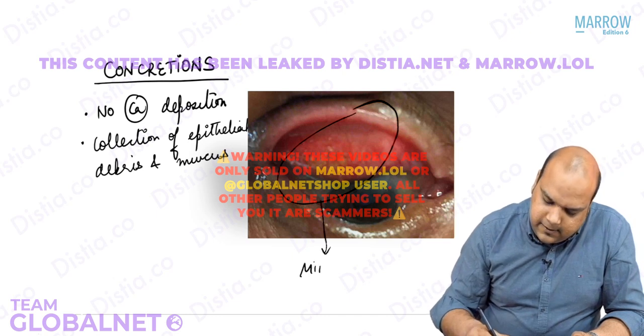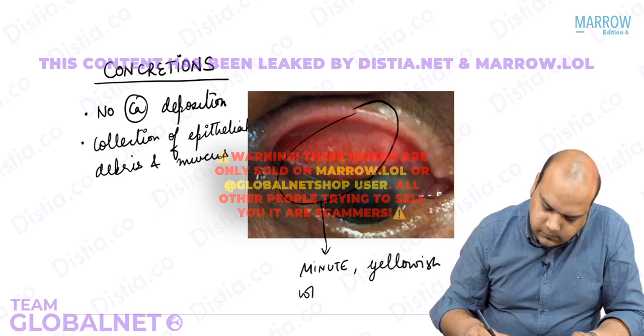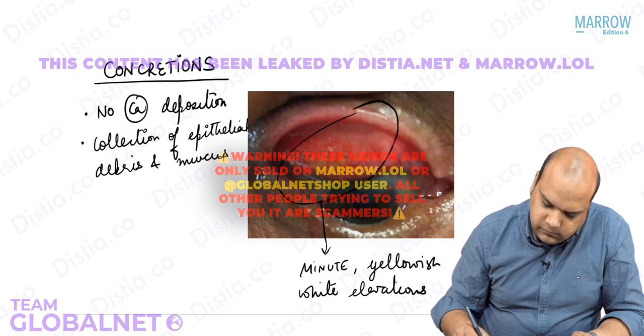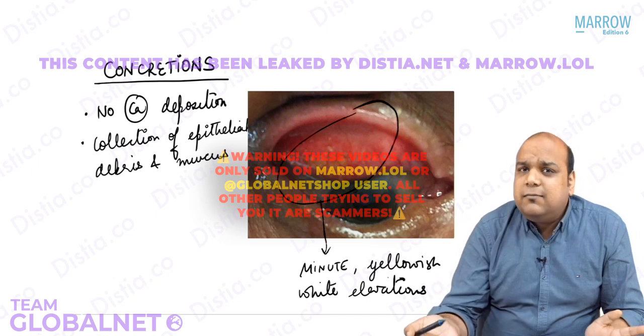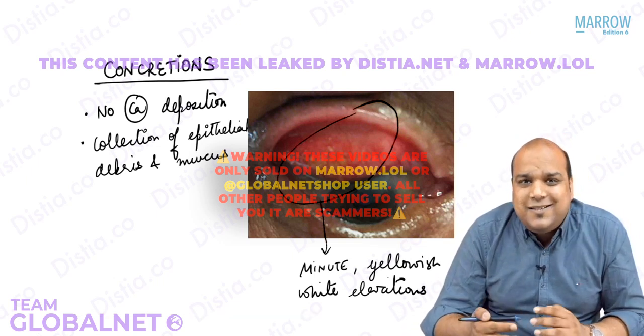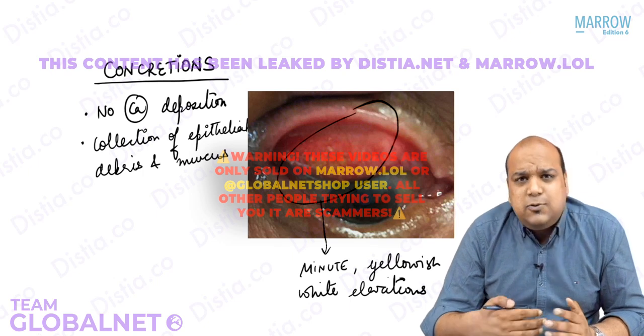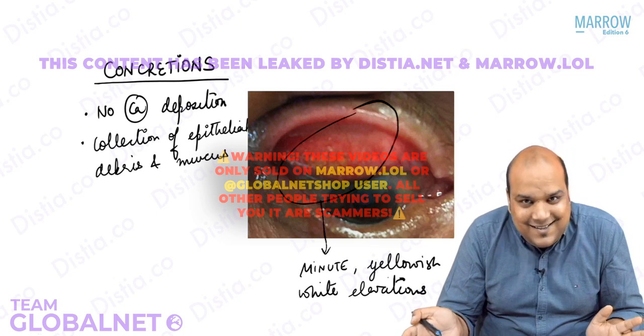So this will appear like minute yellowish white elevations. You can just take a 26 gauge needle, prick them and remove everything. That's all. Or with time, if the lubrication is good, if the tear film quality is good, they will themselves get absorbed and disappear. Done, guys?